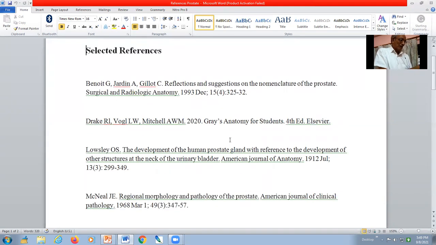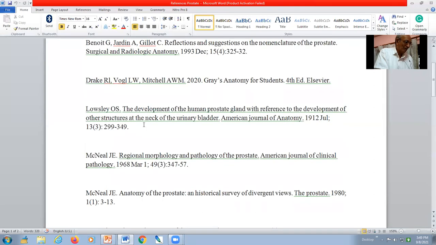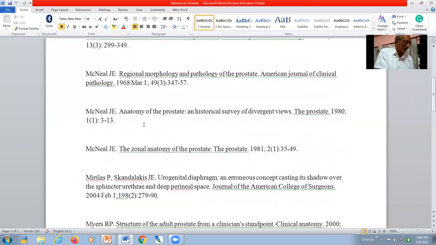And obviously, the 42nd edition of Gray's Anatomy can be a good reference. The anatomy published in 2021. I have also included Gray's Anatomy for Students, 4th edition, and Lowsley, McNeal, several articles.